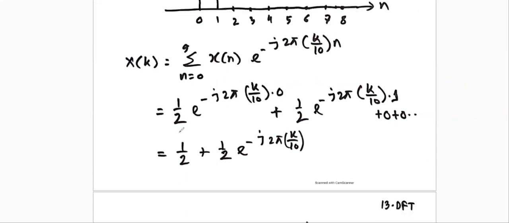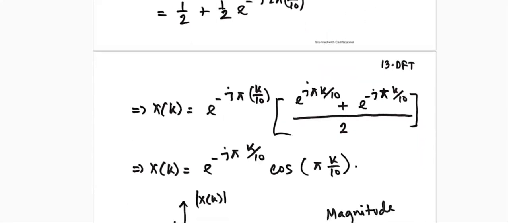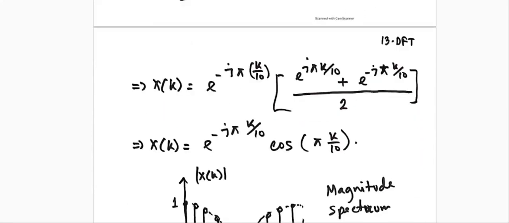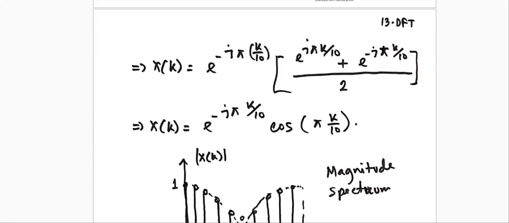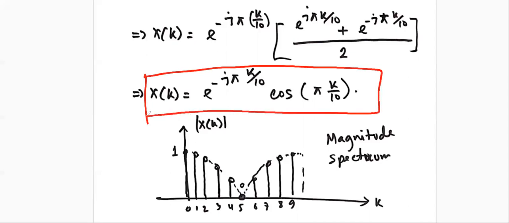So we have only these 2 components, and from there, by doing the mathematical process, mostly using Euler's identity, we have found this equation. Okay, very simple, where we have found the cos pi k by 10. So that represents the frequency of that sequence, and here we have the phase as well.